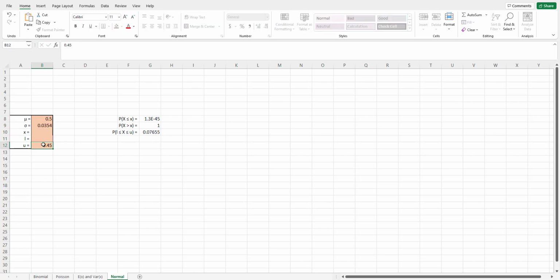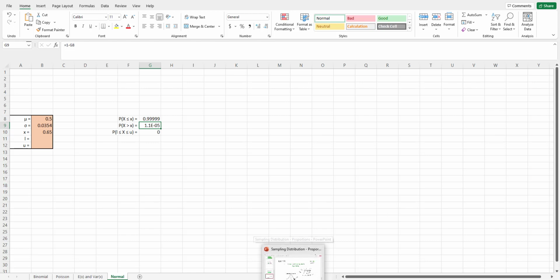We do not have a lower or upper bound, so we're going to have an x value, and we want it to be 0.65. We also want the greater than or equal to, so we want this number right here that I highlighted. As you can see, it's also a small number. Remember, when you see E negative and a number after that, in this case we have to move our decimal place 5 places to the left. When we do that, that number is pretty much 0. Okay, that's the end of this lecture.